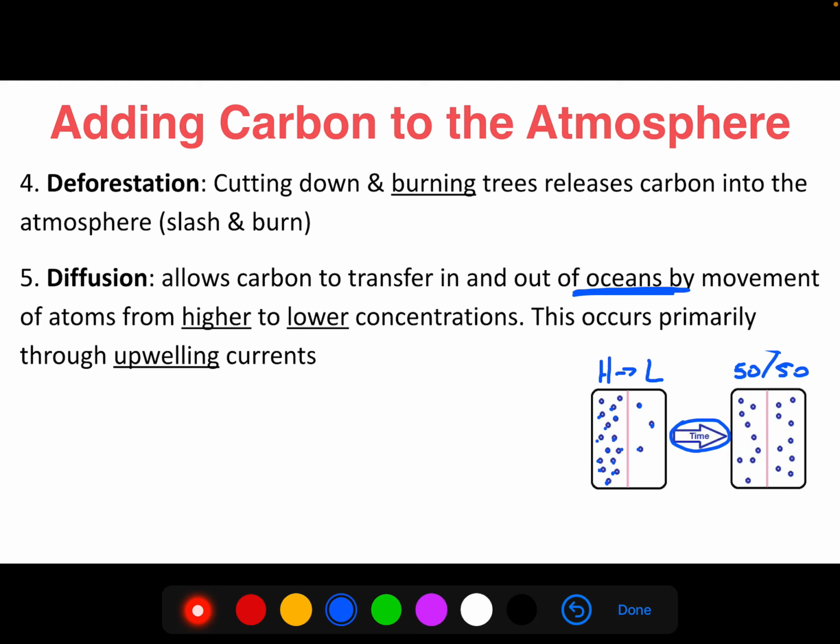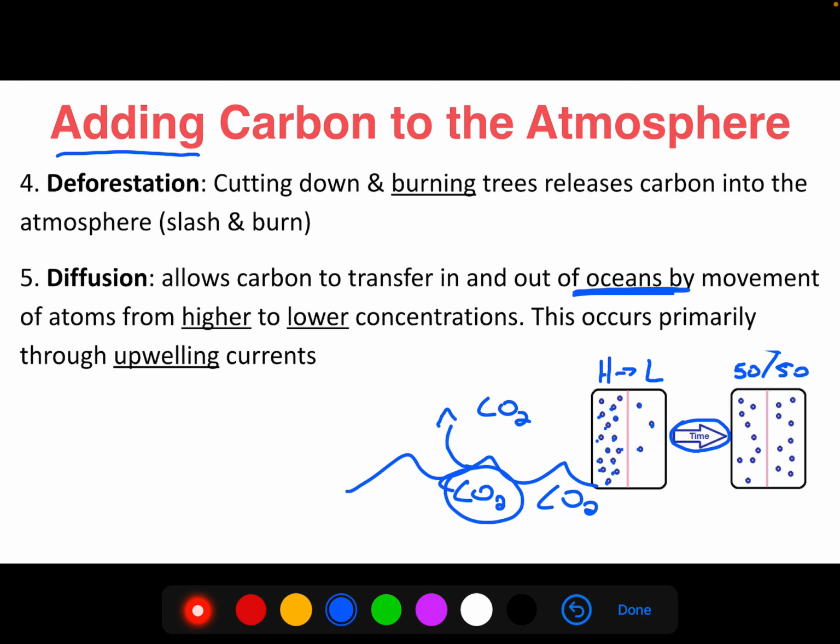So right now, the reason why this is adding carbon to the atmosphere is that in some places in the ocean, there's higher amounts of CO2 in the ocean than there is in the atmosphere. So what the process of diffusion is telling us is that some of this CO2 is actually going to diffuse out into the atmosphere. So that would be an example of a way where we could add carbon to the atmosphere. And we're not done with diffusion yet. Diffusion is going to come back here in the next video.